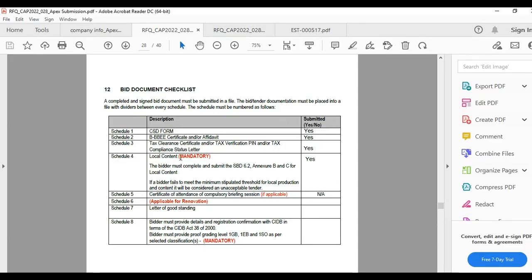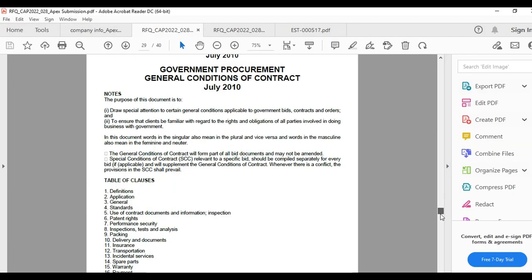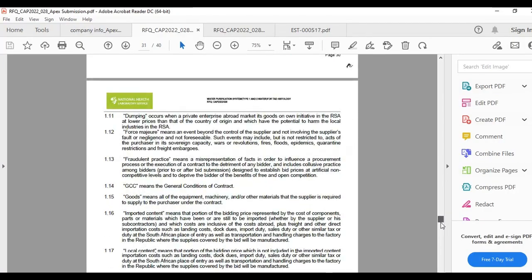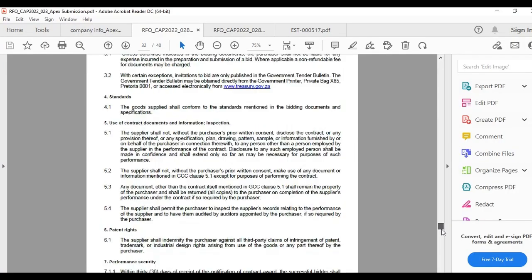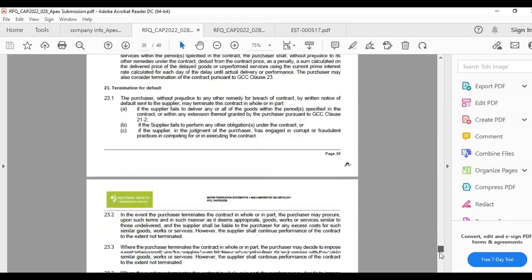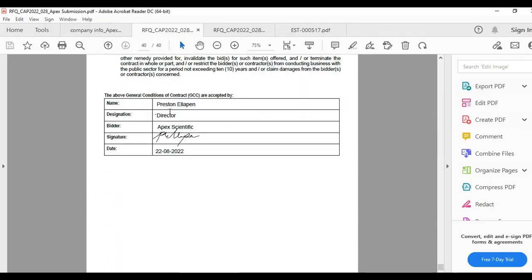So we do have all of these documents if they need it. There's nothing to fill out. This is just the general terms and conditions in the contract, but you should read it to make sure that we do comply. And then you'll sign at the end to accept the terms and conditions. So name, your capacity, the date, the company name, and your signature there.